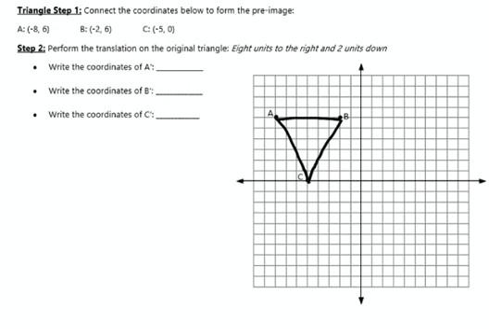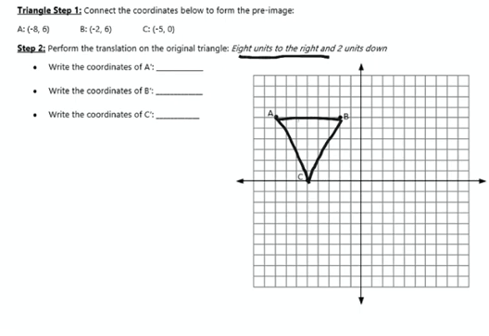All right, so this time you're going to do the exact same thing we did on the last page, except you have to do the same translation 3 times. So this whole triangle should look like it slides. So let's start with A, and we're going to do 8 units to the right first. So A, if we move 8 units to the right, you're going to start right here where A is. And we're going to move 8 units to the right.